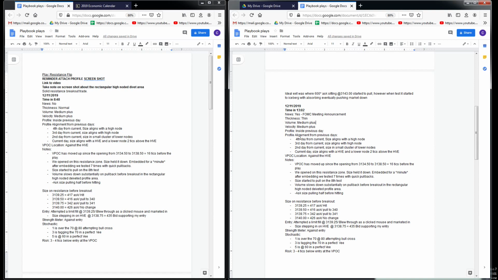This is alignment. So we'll put profile size, because these are all size trades. All these trades are taking place off size.